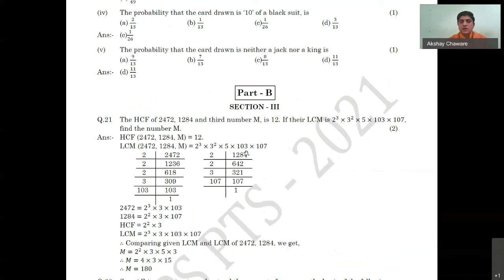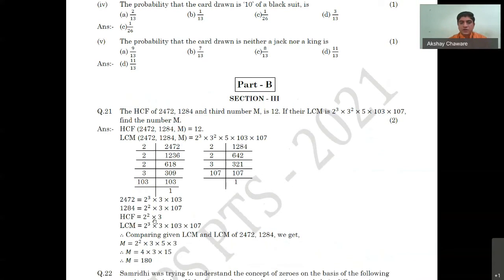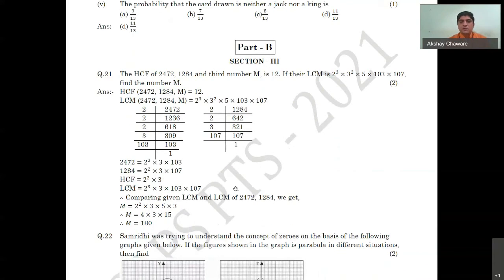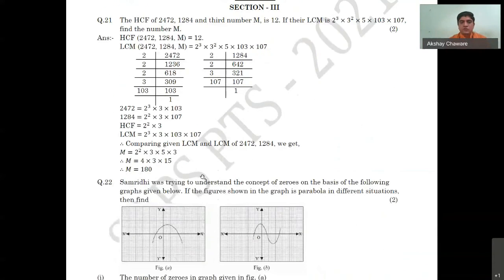LCM is given. If we calculate the HCF of the given two numbers, that will be 12 again, and the LCM is this. So if we compare this LCM, we will get M, that is 2 square into 3 into 5 into 3, because we have to multiply it by HCF also, and your M is equal to 180. So quite a simple question and conceptual also.